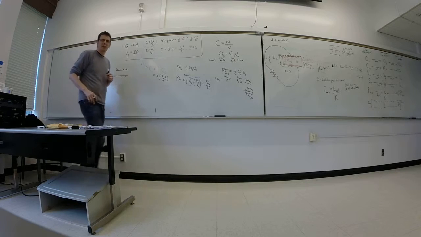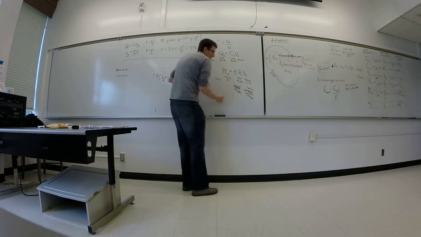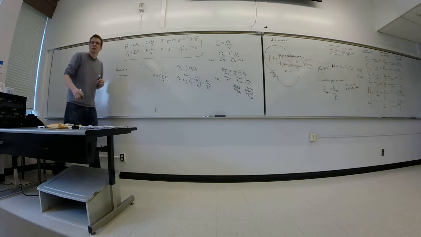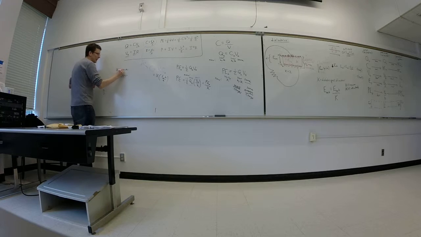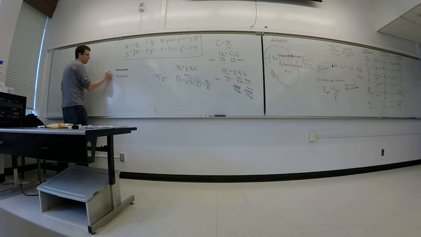The big difference is that we have been able to pack more charges on there. That's the key. So we were able to get 2, 3, 4 times, whatever the dielectric is, that much more charge on there with the same charging battery.